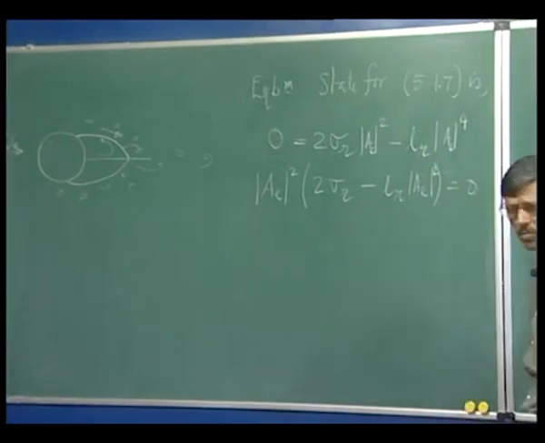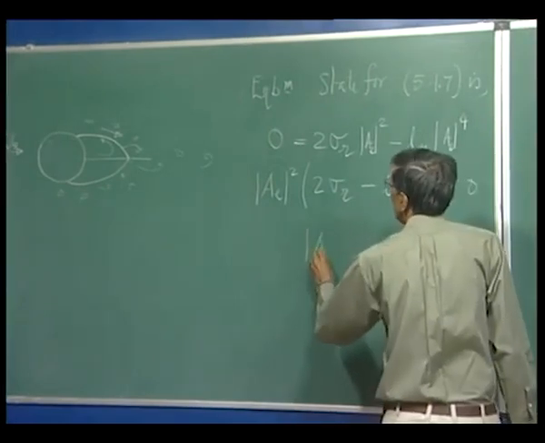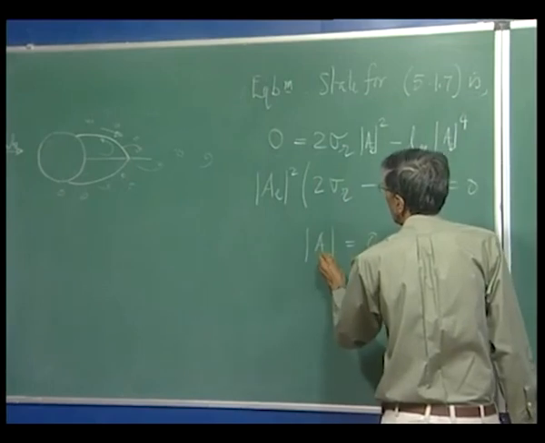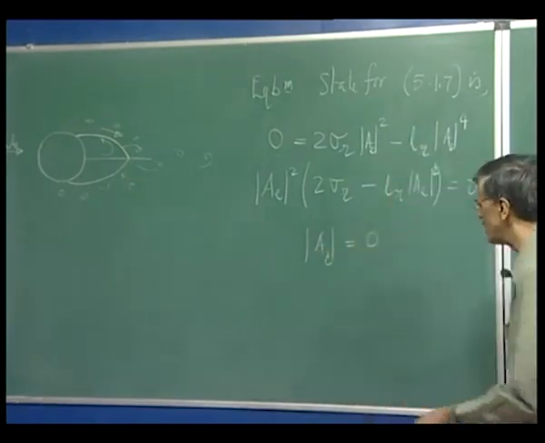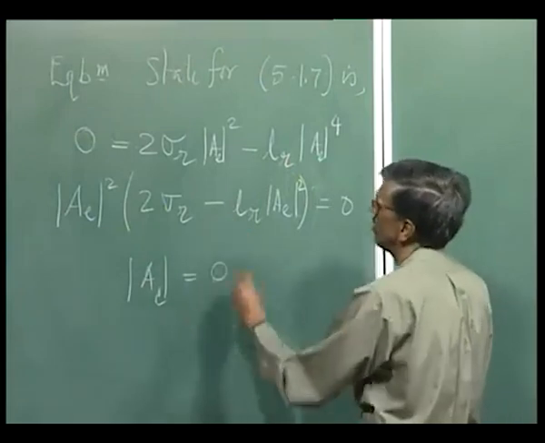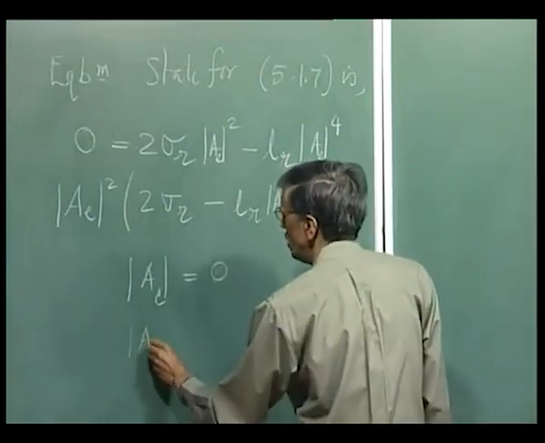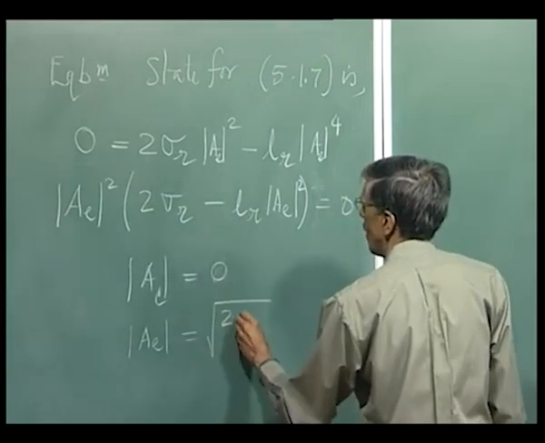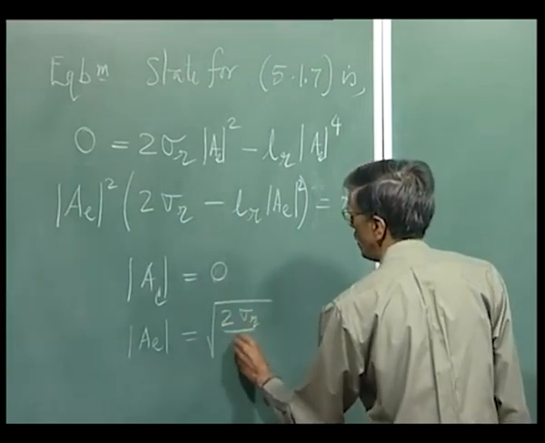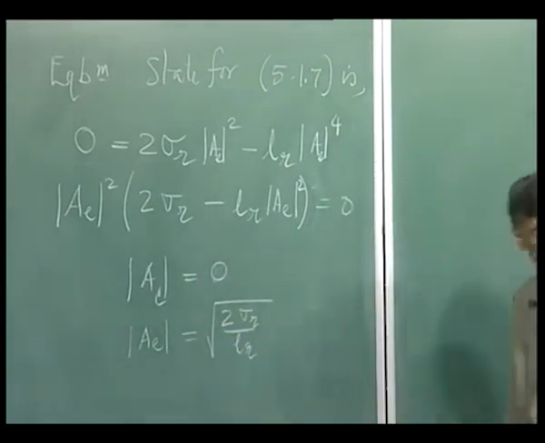One of the conditions is of course this, and the other condition is given here, that is A e equal to square root of, right.